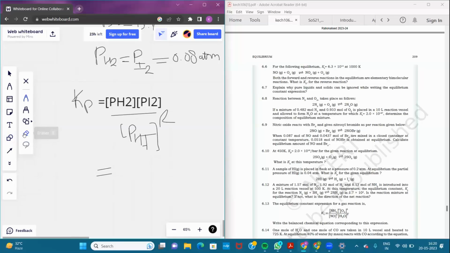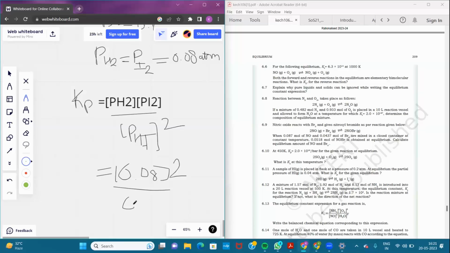Partial pressure of H2 is 0.08. This is two times, so we'll directly do it as a square.